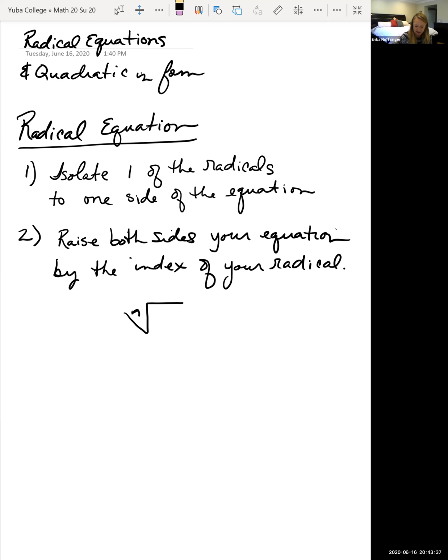So what the index is, remember, it's that number here. So if I have this as the nth root, n would be my index. If you don't see a number there, remember the index is 2.